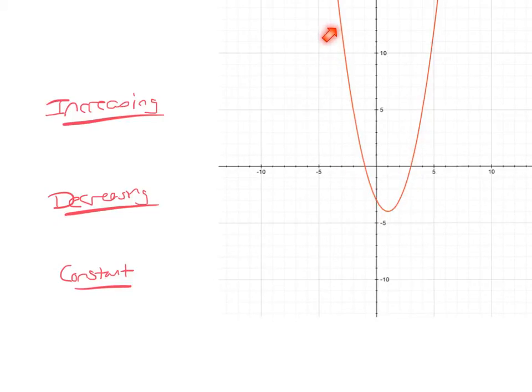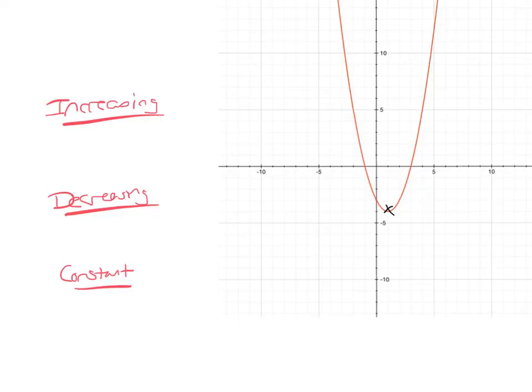What this function does is it decreases, decreases, decreases until it gets to this point here, turns around, and then begins increasing. So we need to state those intervals. Our intervals are going to be x values. We don't really care at the moment how high or how low this increases or decreases. We want to know for what x values the function is increasing and decreasing.